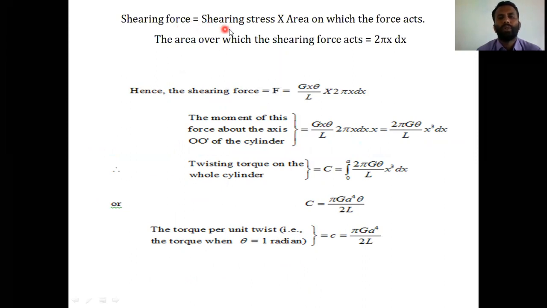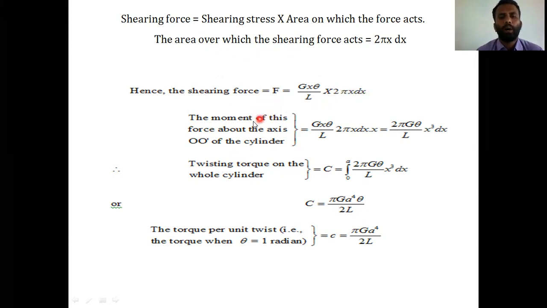Shearing force equals shearing stress multiplied by the area on which the force acts. The area over which the shearing force acts equals 2 pi x dx. Hence, the shearing force F equals G x theta divided by L multiplied by 2 pi x dx.